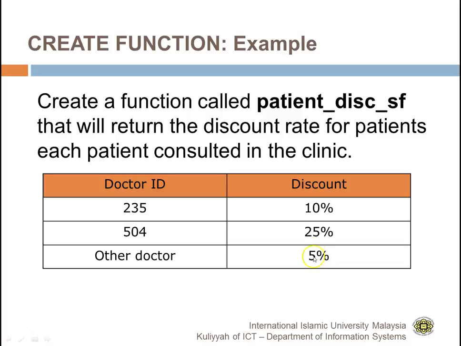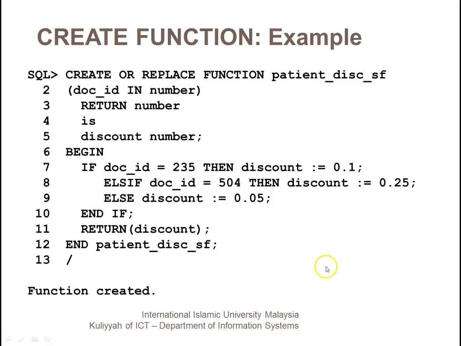We have learned how to use decision structure. You can use an if statement, you can use a case statement, but this is basically the conditions. If the patient consulted with 235, they will get 10%, 504 25%, and the rest of the doctors 5%. So our function is going to determine those discount rates.